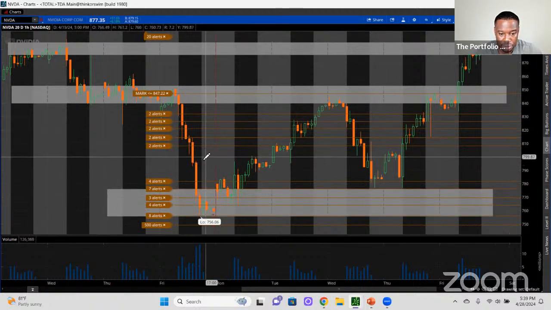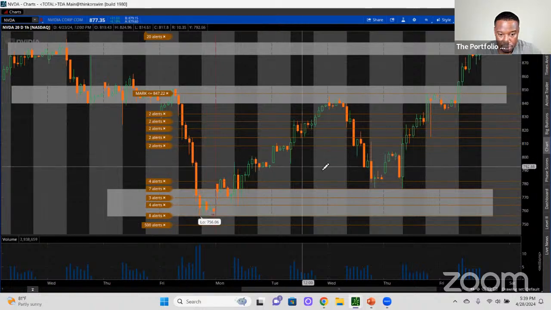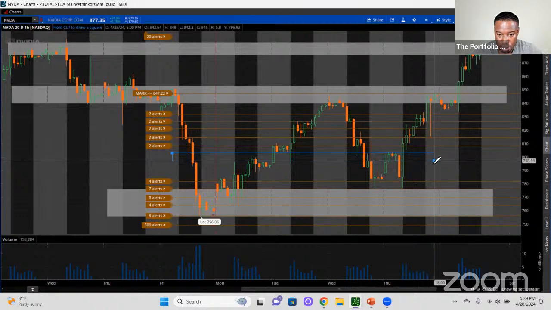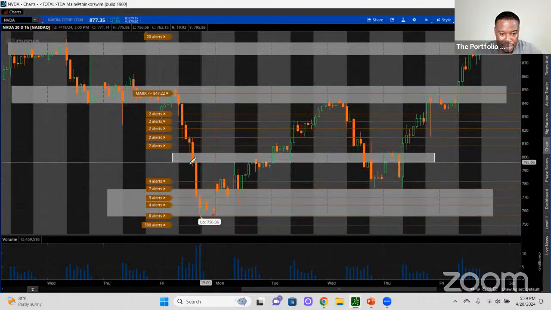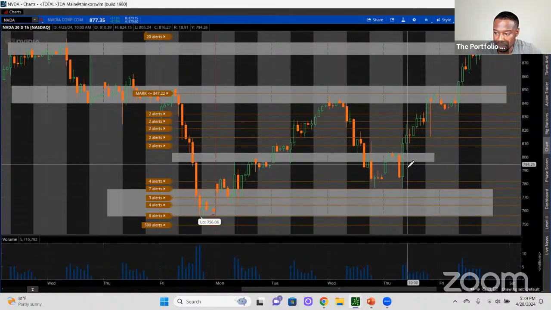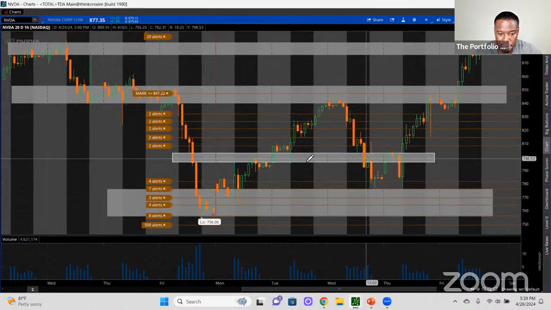Or even if you want to do it from here, see this? So anytime that I'm getting my levels, I know these are main areas to look at. So I will write those prices down. I will have it for possible entries. I will have it for possible exits. So targets, exit points.